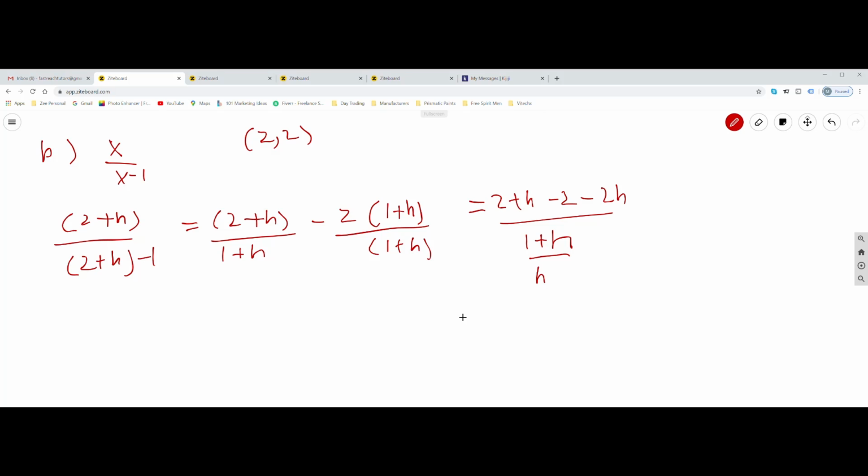So you're left with negative h over 1 plus h. Dividing by h is the same as multiplying by the reciprocal 1 over h. So this cancels, and you're left with negative 1 over 1 plus h. If h is 0, you're left with negative 1 over 1, which is negative 1.